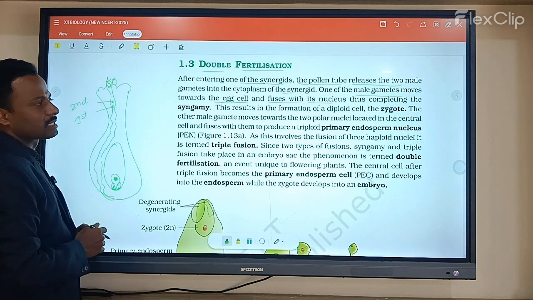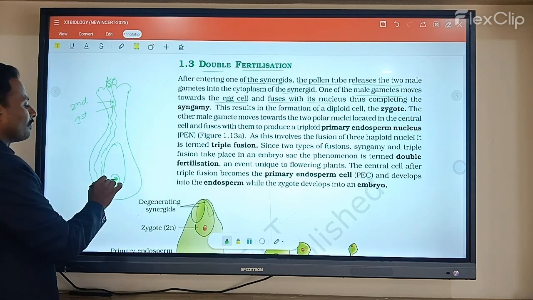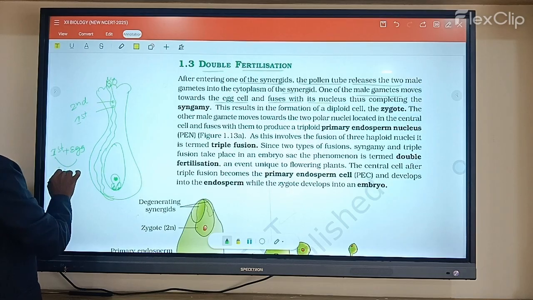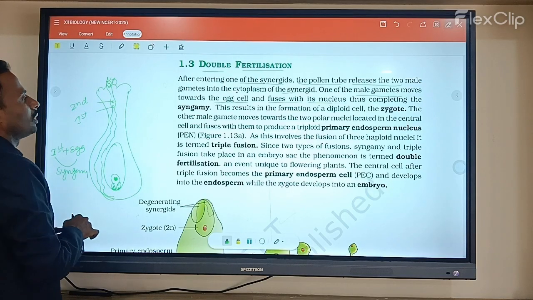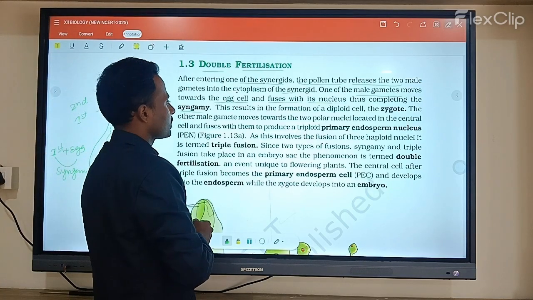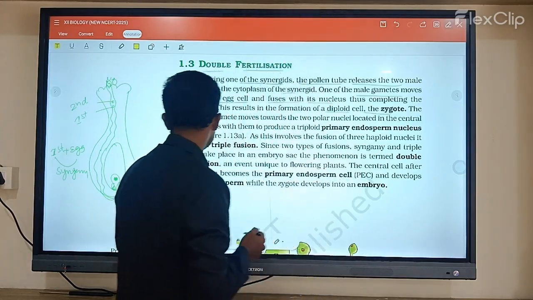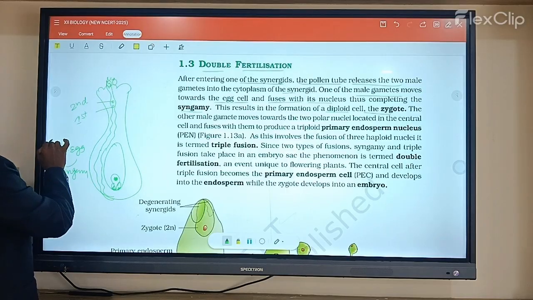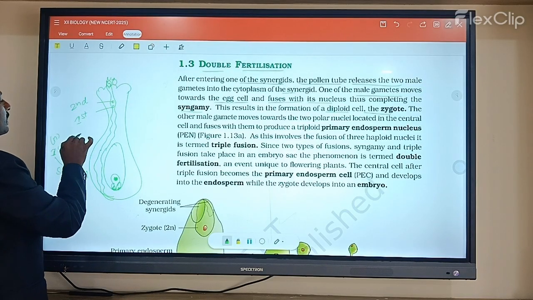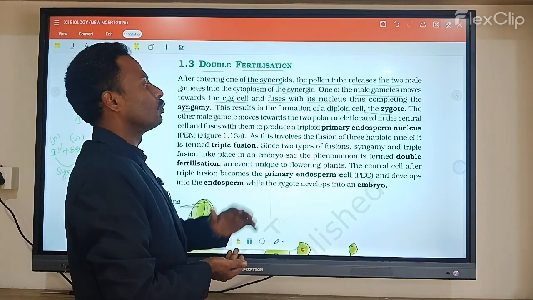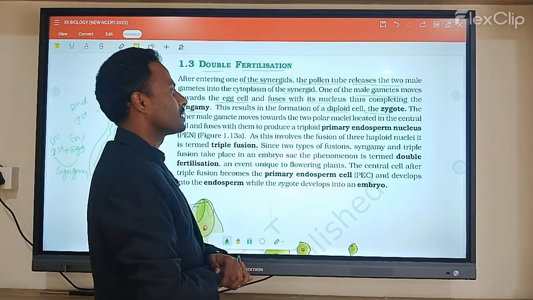This process is called syngamy. This results in the formation of the diploid zygote. The first male gamete is haploid, the egg cell is also haploid, so a diploid zygote is formed.